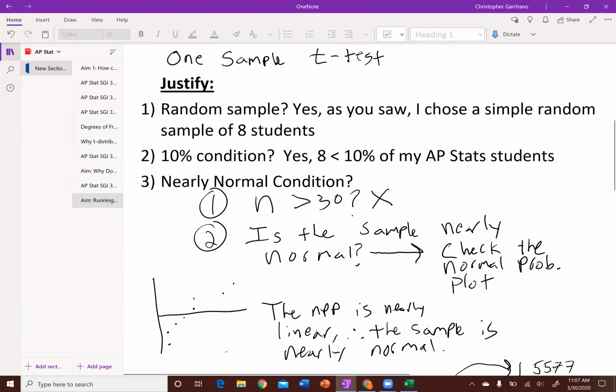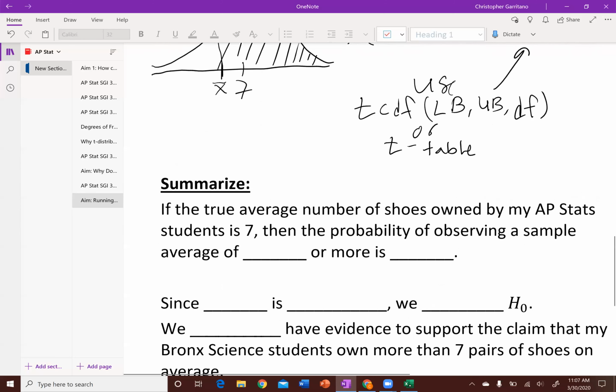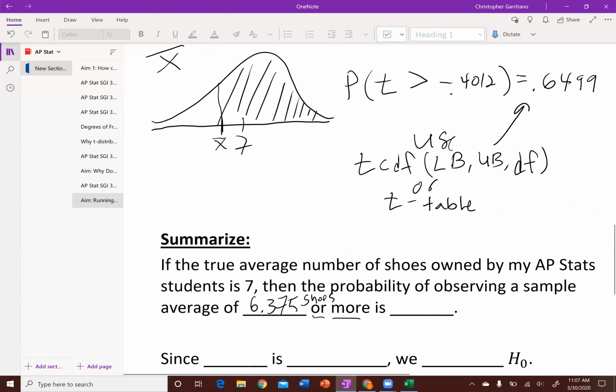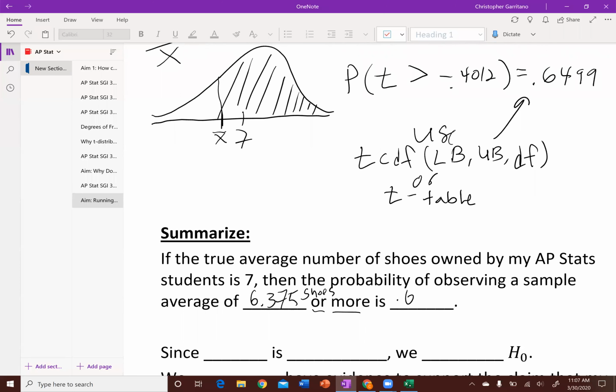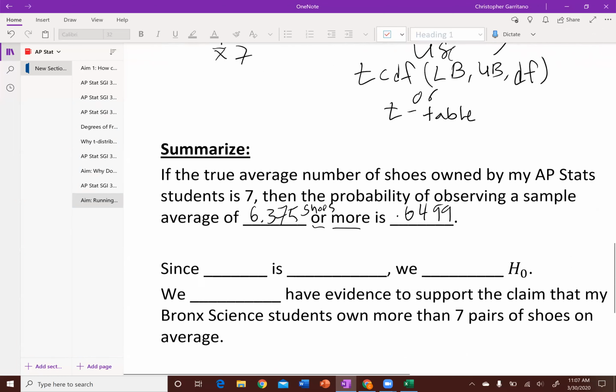What was my X bar? 6.375 shoes or more, and again, the or more is because my alternative hypothesis is greater than, and that probability is 0.6499. So that's the interpretation of the p-value.